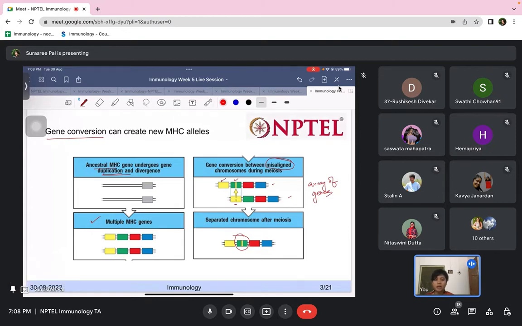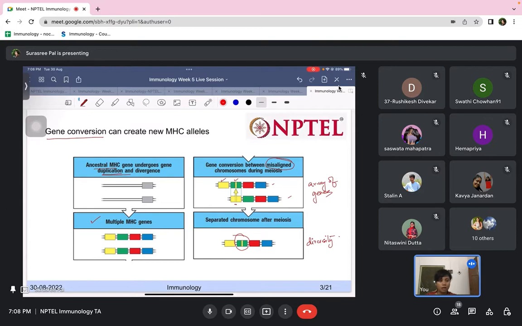So you can understand that this again creates another round of diversity of the MHC molecules. So polymorphism and polygeny, together with gene conversion, are the events which determine how the MHC molecules will be very diverse in the population as well as in any individual.